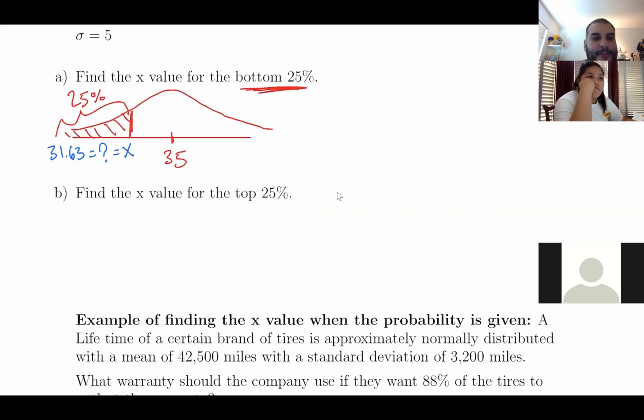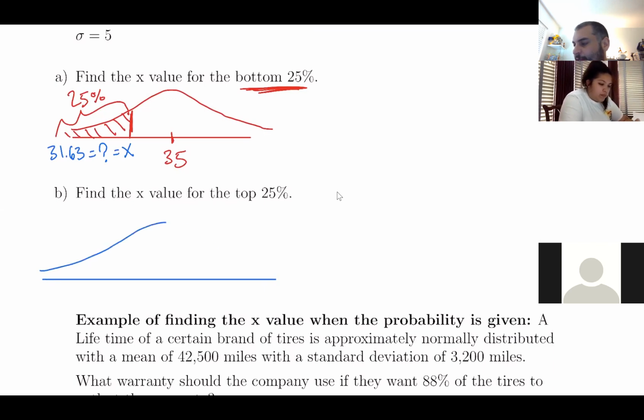All right. For part B, if you look at it, it says find the x value for the top 25%. So this one, we want the top 25%. We're going to redraw the normal distribution. You're going to put 35 in the middle. But for this one, we want the top 25%, so that's this portion here.